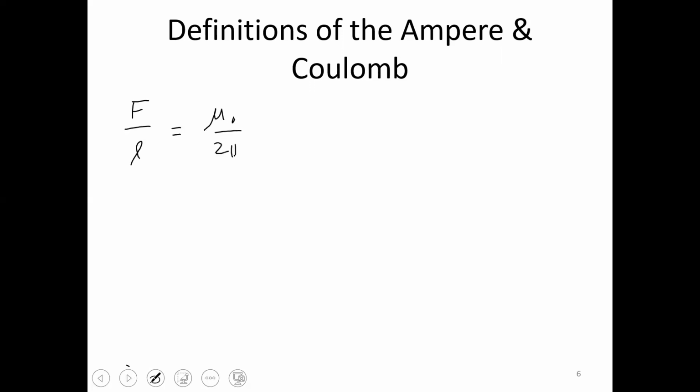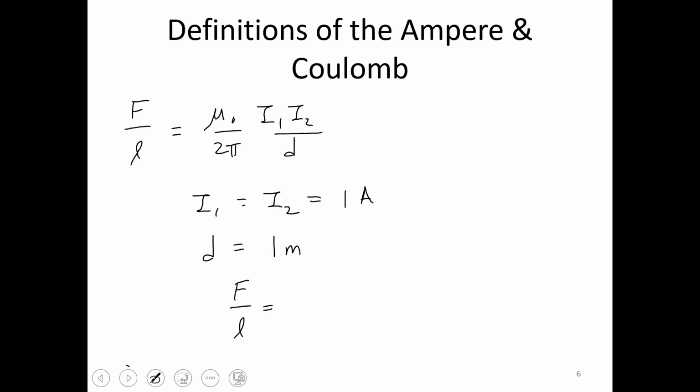So you're going to run current through these wires in opposite directions to balance out, and you've got these wires separated by a certain distance. So if you run what you think is 1 amp in each of your wires, and if you try to separate those wires by 1 meter, then your force per unit length should be 2 times 10 to the minus 7 newtons per meter.